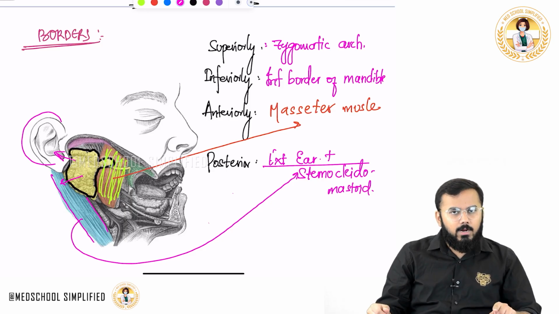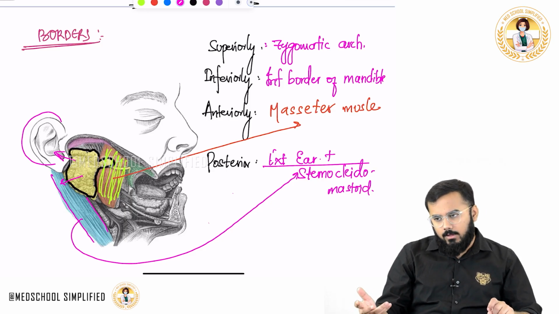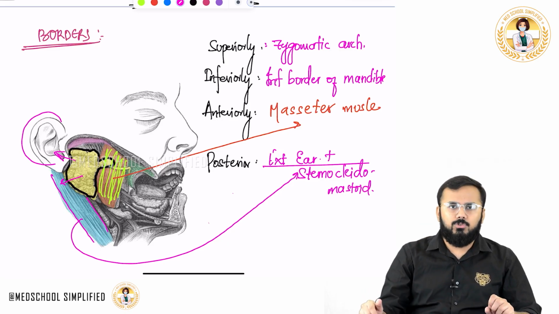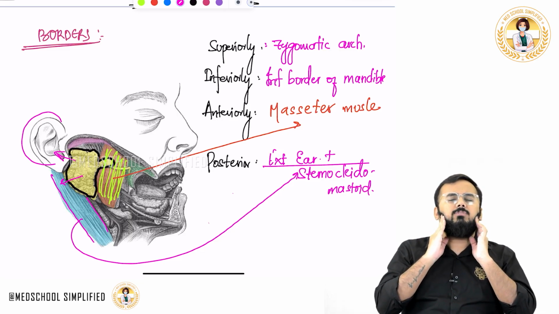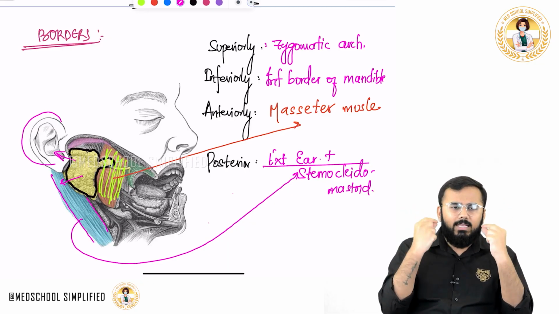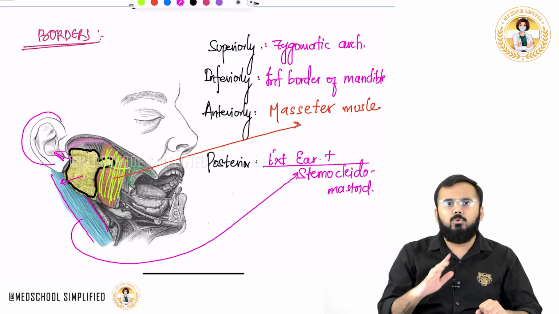You can also test it this way: add a few lemon drops on your tongue. The moment you add lemon drops, you will have severe pain in the parotid gland because the gland will contract and squeeze to release the saliva and dilute that.